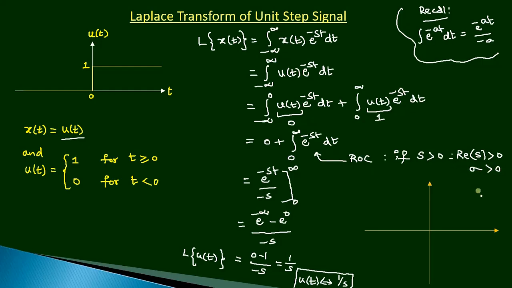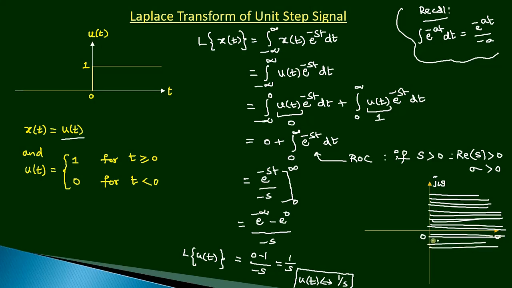Now we indicate this in the s plane, with sigma on the x-axis and j omega on the y-axis. This is the origin. The ROC exists for sigma greater than 0, so this is the portion where sigma is greater than 0, and the ROC exists only on the positive side of this s plane.